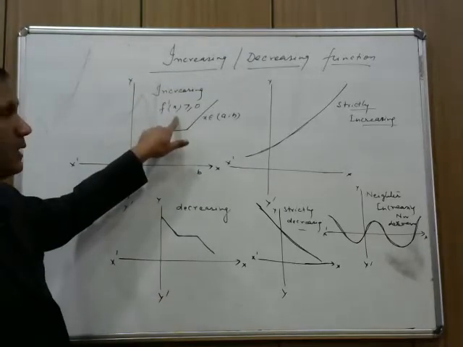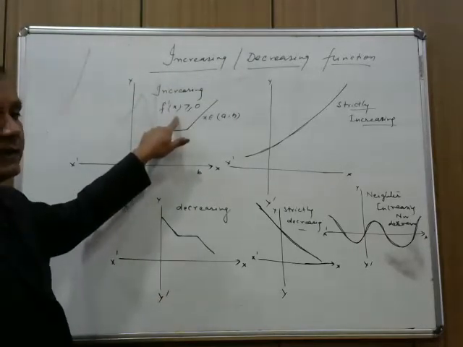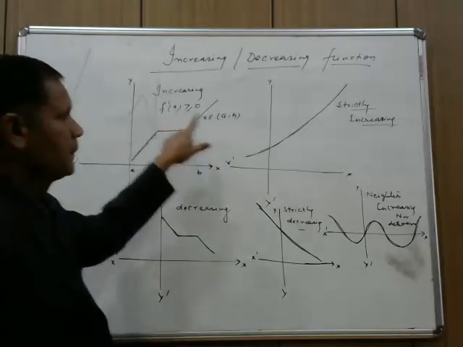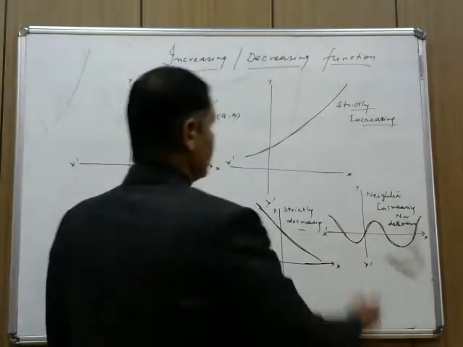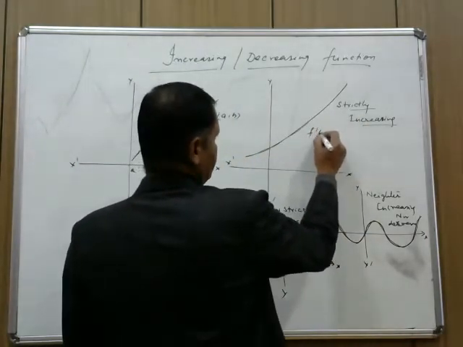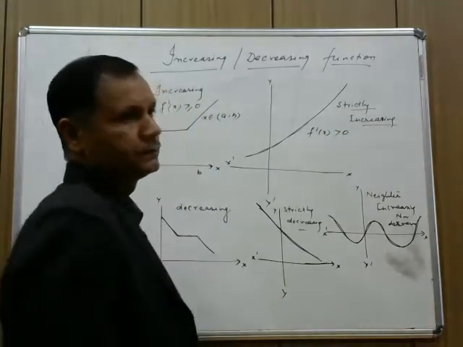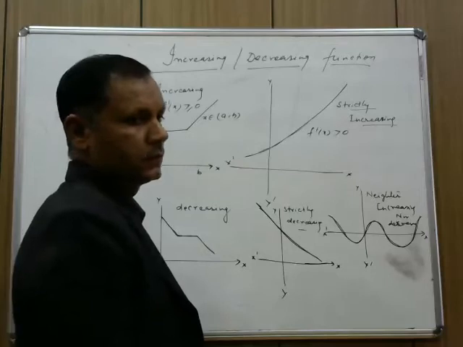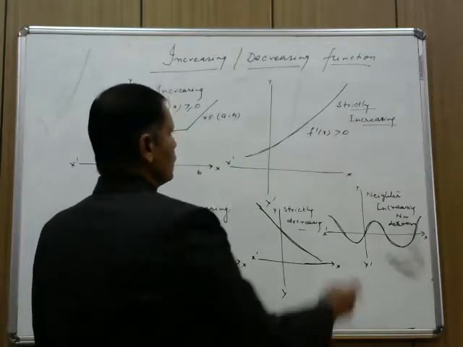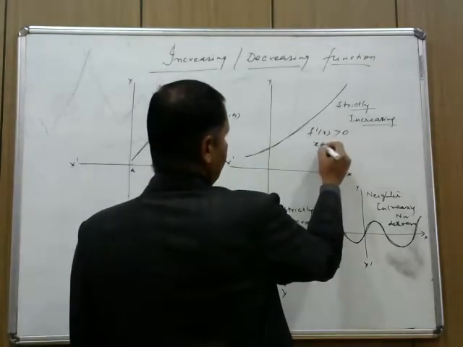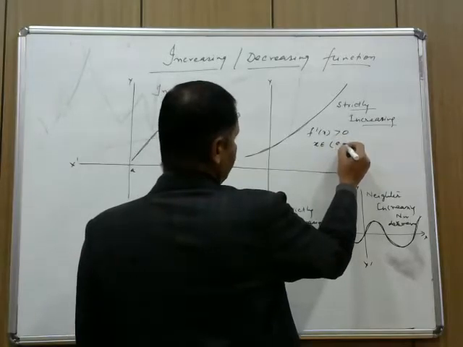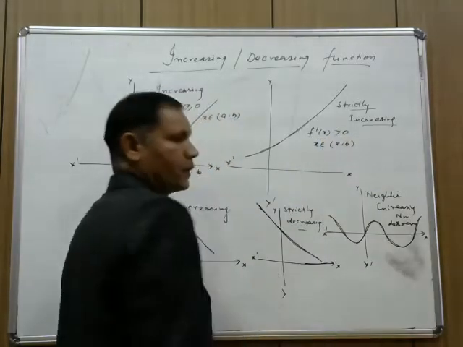Where f dash of x is dy by dx, right? For strictly increasing, f dash of x will be greater than 0, not equal to 0, where x belongs to any interval a comma b.